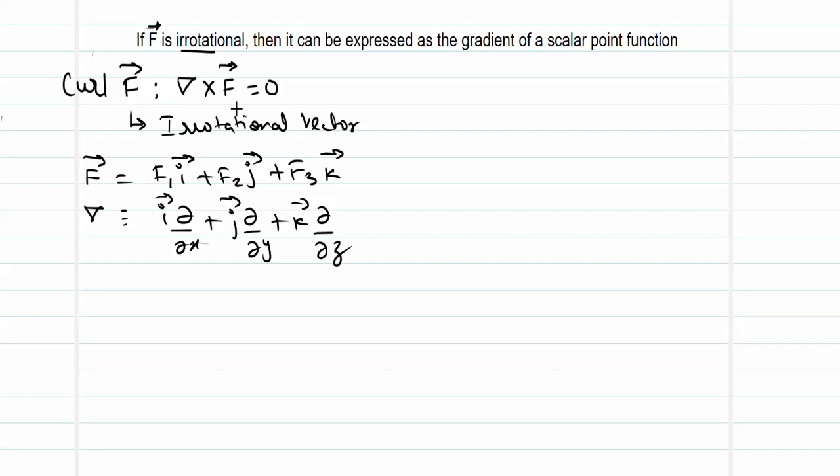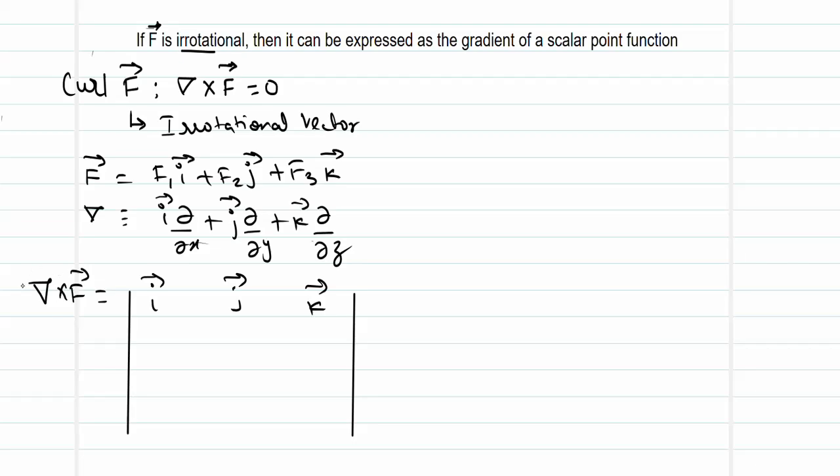The cross product is taken by the 3 cross 3 determinant, where the first row is i, j and k.